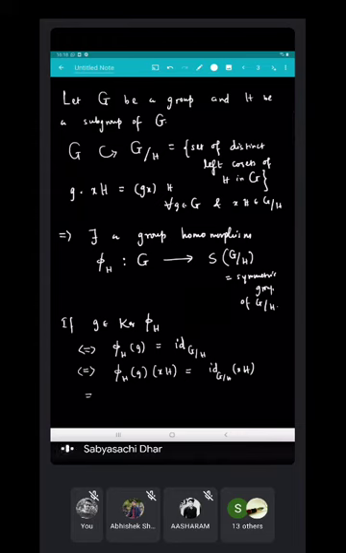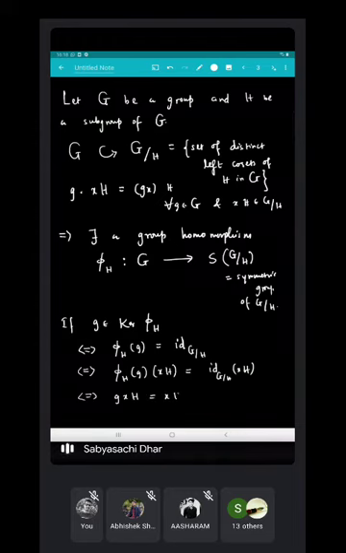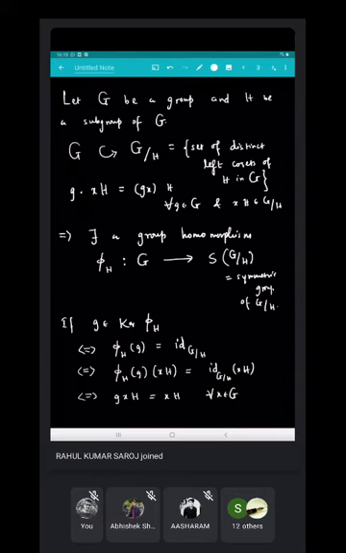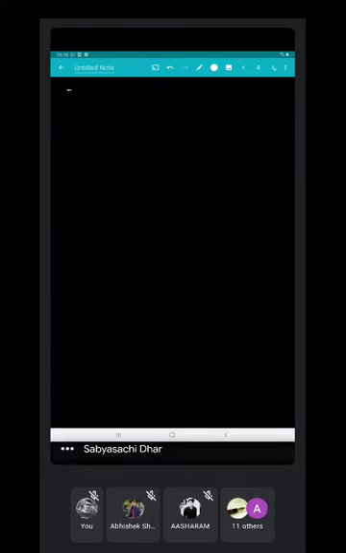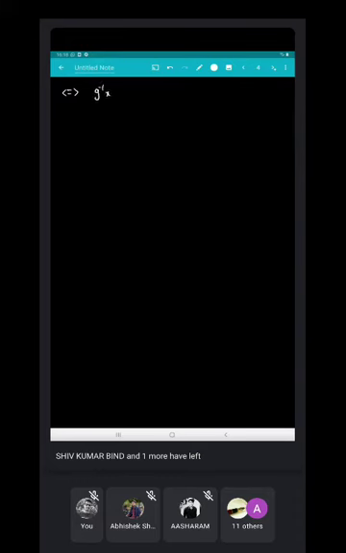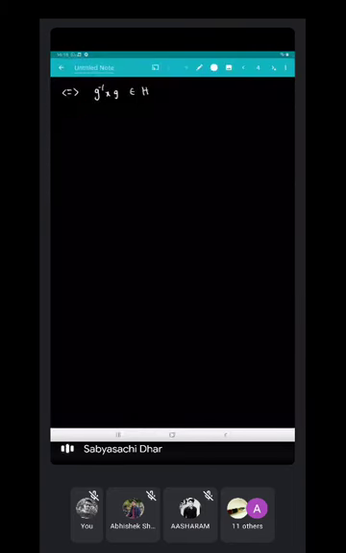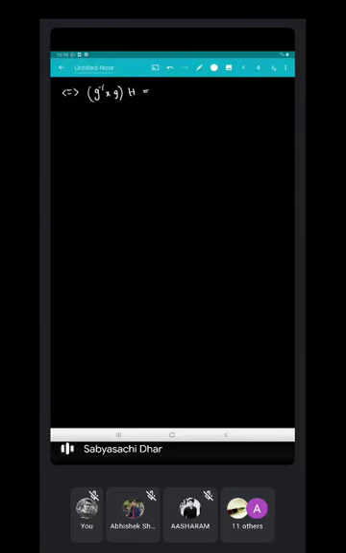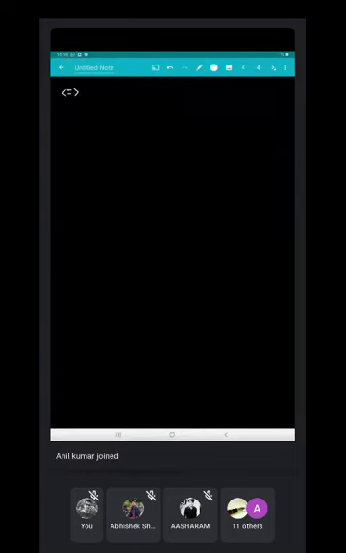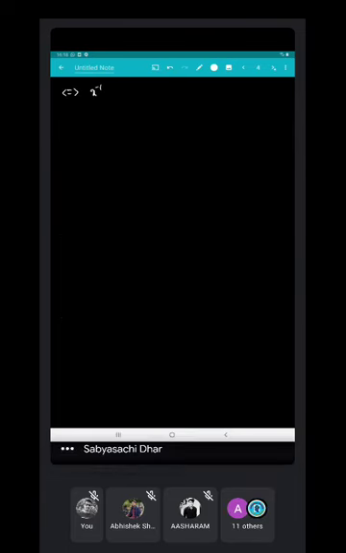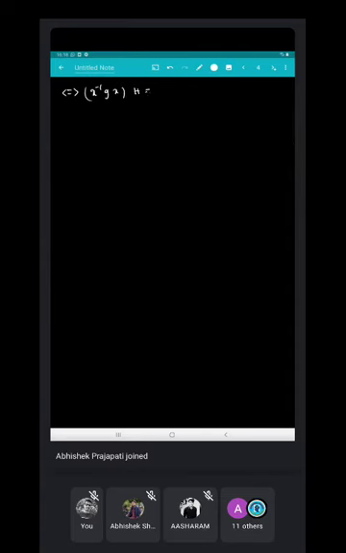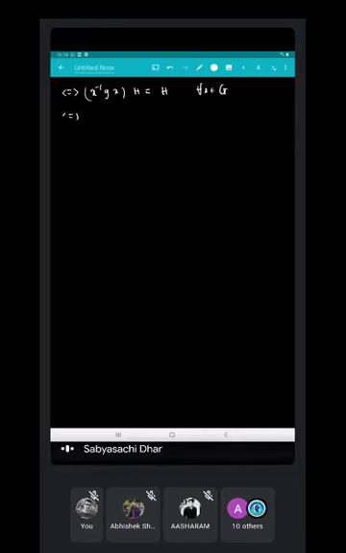So it is equal to g xH, and it is equal to xH for every x in G. And therefore, if and only if x inverse g x belongs to H, so that means that x inverse g x H equals H for every x in G.